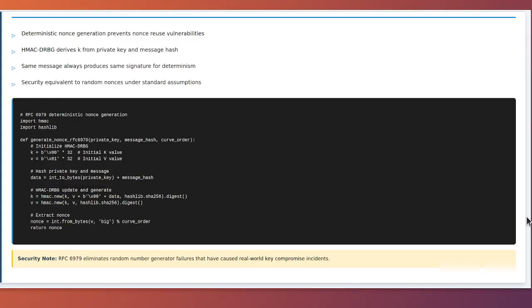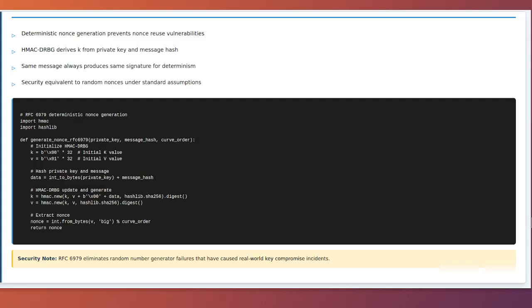There are two main approaches to nonce generation. The first is random nonce generation, where for each signature, we generate a fresh, cryptographically secure random number between 1 and n-1. This approach is conceptually simple and was the original design for signature schemes like ECDSA and Schnorr.